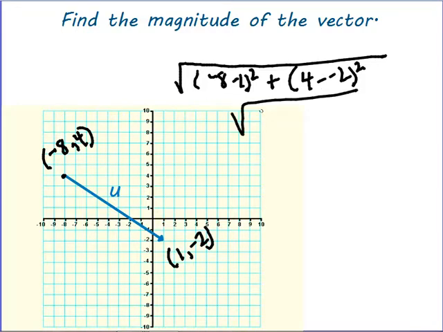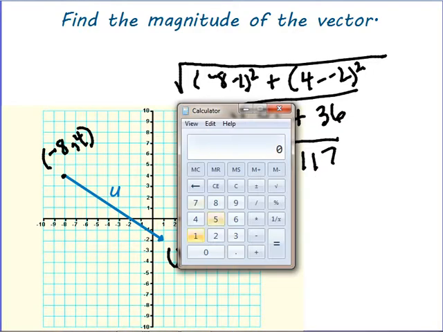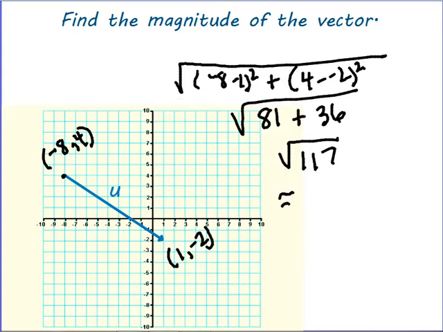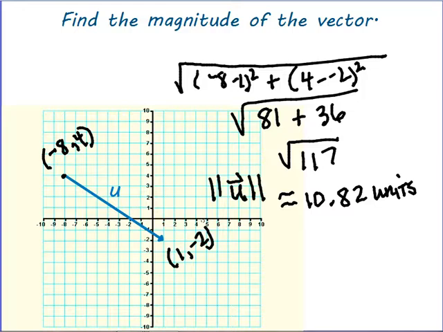That's going to give me the square root of 81 plus 36, which gives me a total of 117. And so if I want to find the square root of 117, rounding to the nearest hundredth, I get 10.82 units. And again, with the symbol for magnitude, the magnitude of vector u is about 10.82 units.